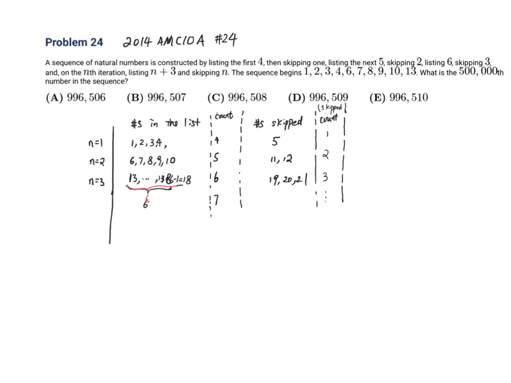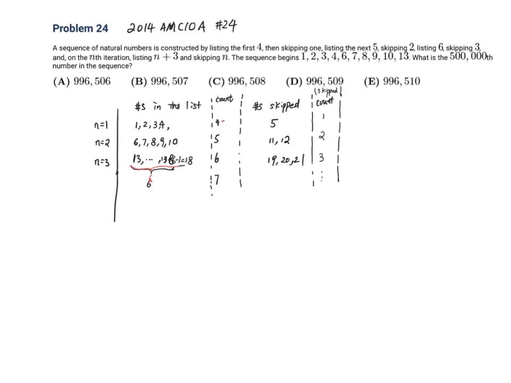Okay. Now, so this certainly is equal to 1 plus 3. This is 2 plus 3. This is 3 plus 3. This is 4 plus 3. At some point, kth block, okay, kth block.